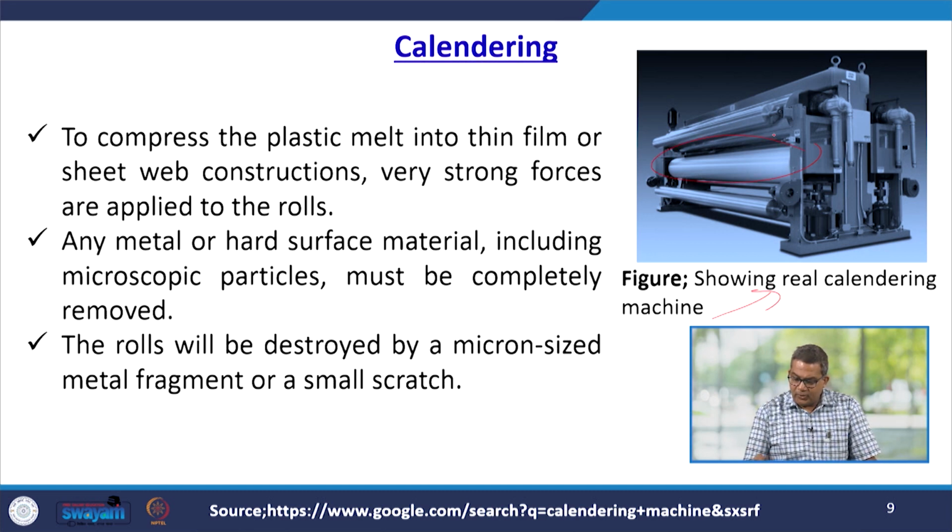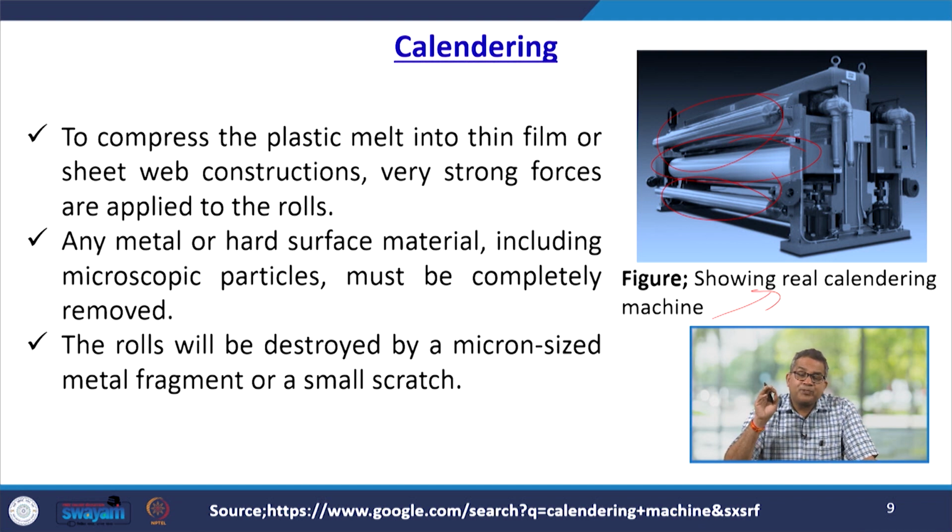You see that different rolls are there. Now, to compress the plastic melt into a thin film or sheet web construction, very strong forces are applied to the rolls. So, any metal or hard surface material including microscopic particles must be completely removed.